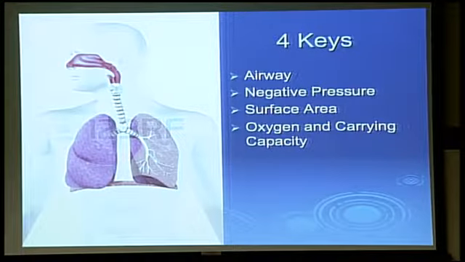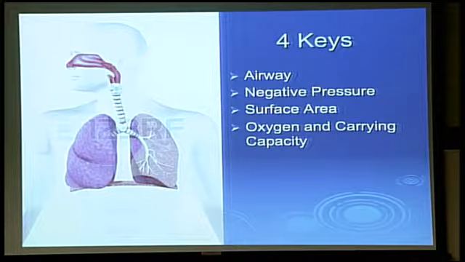So I'm going to move on to talking about the 4 things that you need for gas exchange. This is how I put things together when I'm trying to come up with a treatment plan. In order to have gas exchange, you need to have a patent airway. You need to be able to generate negative pressure with the lungs, and that's dependent both on the muscles in the chest wall and the diaphragm, and then also on the nervous system to initiate that.